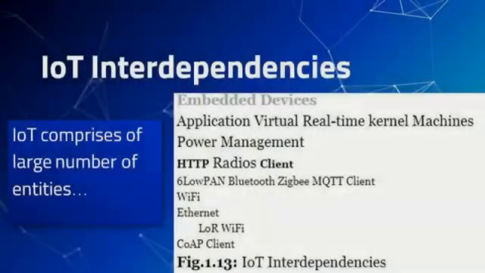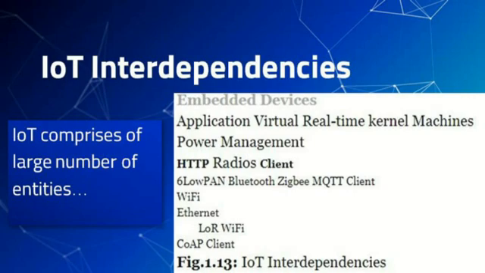IoT interdependencies. IoT comprises a large number of entities. IoT is not a single entity. As I told you in the previous slides, IoT is a combination of many entities or elements. So we shall see what they are.